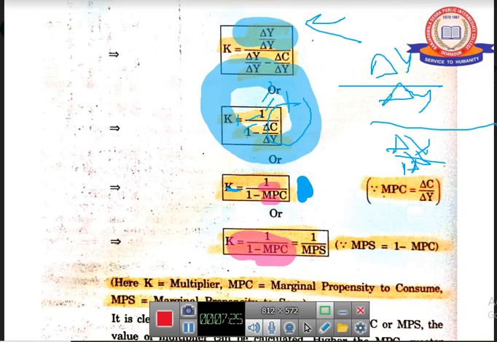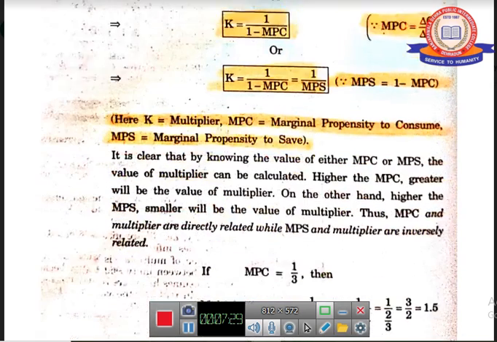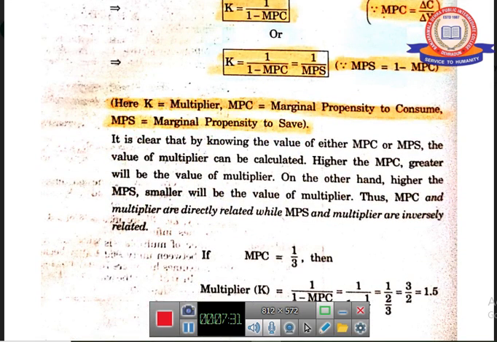So through this equation we can conclude that the relationship between investment multiplier and MPC is that investment multiplier is equal to 1 upon 1 minus MPC, whereas the relationship between investment multiplier and MPS, marginal propensity to save, is K is equal to 1 upon MPS.